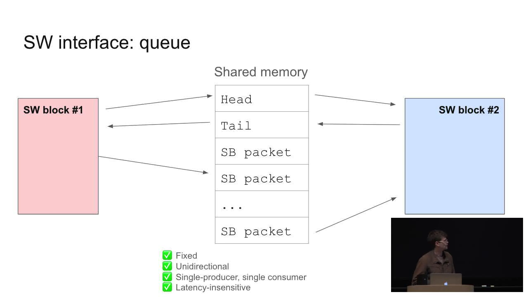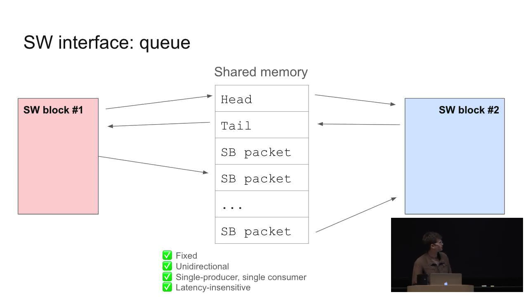On the software side, the packets are conveyed through shared memory queues, so we have one piece of software that's sending a Switchboard packet into the queue, another piece of software that's receiving packets from the queue, and this also has exactly the same properties as the ready valid interface that I was just showing at the hardware level.